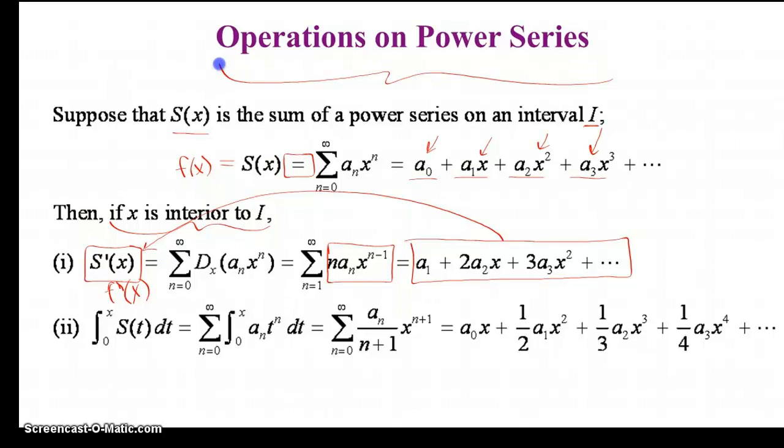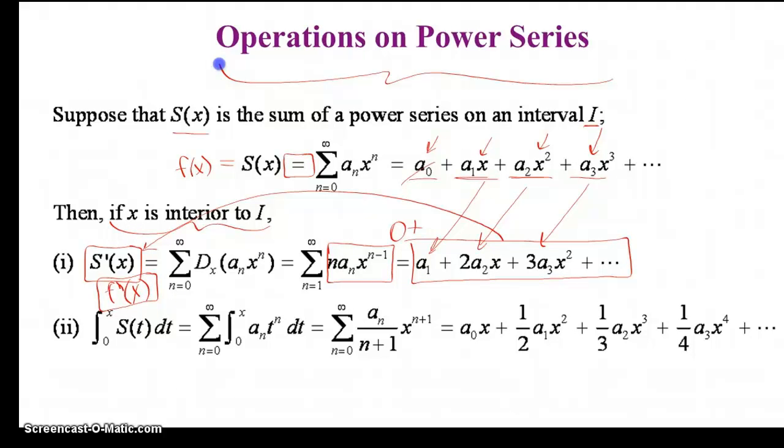And the result of that is going to give us the new power series that this function is the sum for. So if I take the derivative of a constant, it goes away. I get 0. The derivative of this term with respect to x is a sub 1. Pop my power down front, reduce my power by 1. So you can see where all of these terms come from.